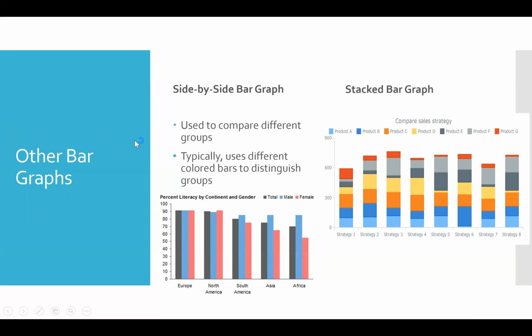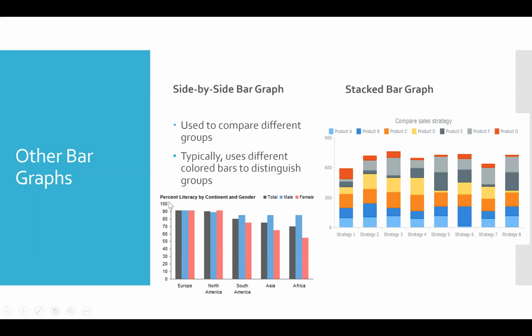There are other types of bar graphs that occasionally you'll see. You can have the side by side, where perhaps you're comparing different groups. The example I showed earlier was comparing the year 2000 to 2001. This one, again, if you look at the key here, the black is the total, the blue is males only, and the red or pink looking color is females.